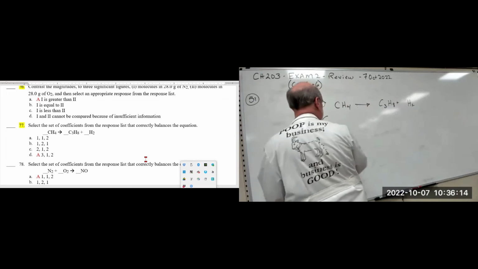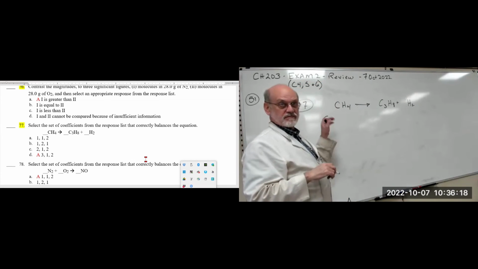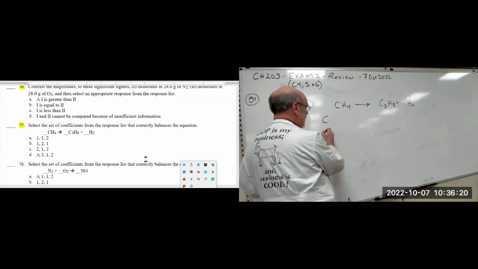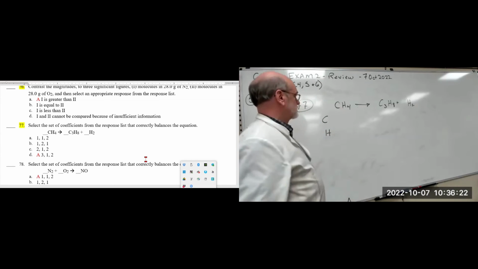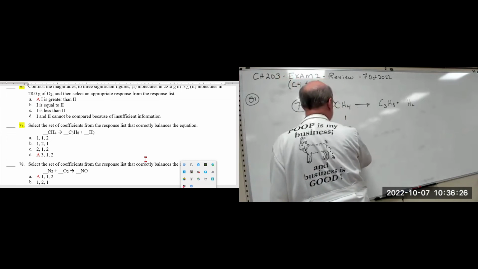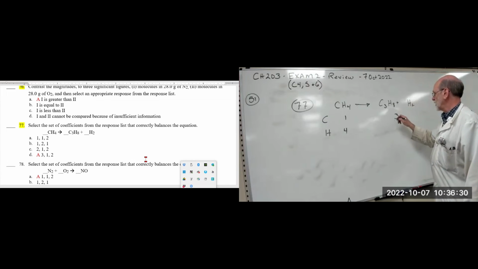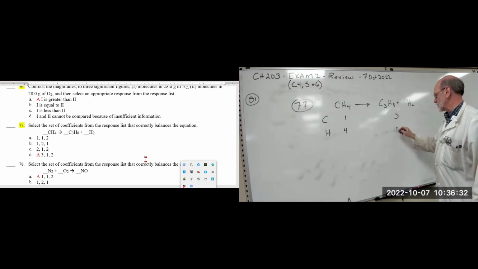Carbon. We're going to account for the carbons to start with and then start bringing them together. Hydrogen. That's all there is. On this side, we have 1 carbon and 4 hydrogens. On this side, we have 3 carbons and 10 hydrogens to start with.